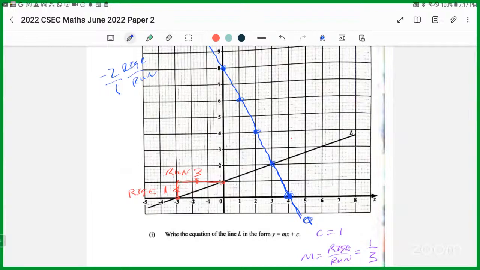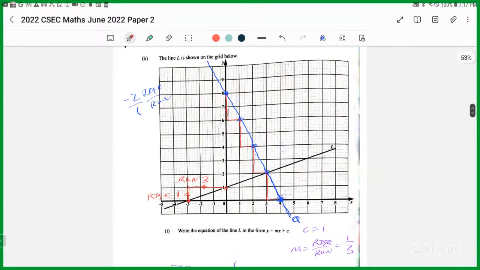Rise negative 2, run 1. Rise negative 2, run 1. All right, so down and across. Down and across.